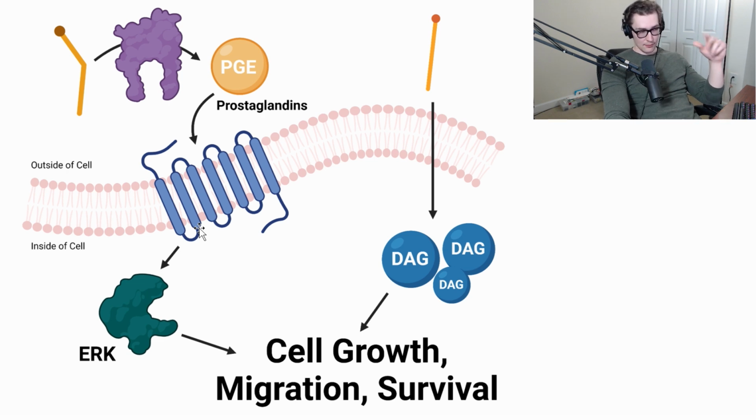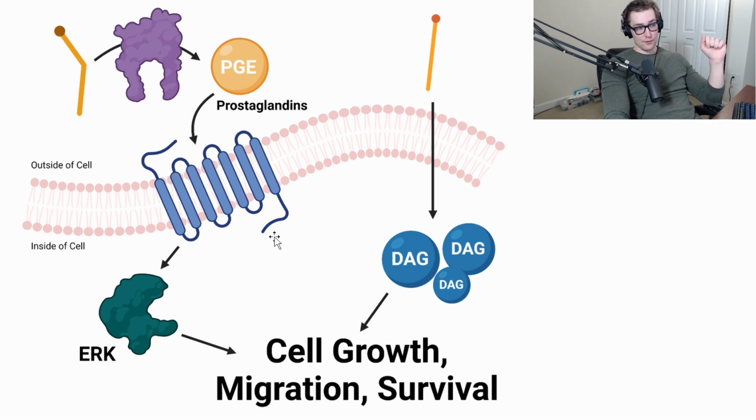It varies, but these GPCRs are another type of receptor that can be bound by a ligand, so same situation, but in this situation it's an actual fat that's binding, so a fat is binding to the exterior of the cell.